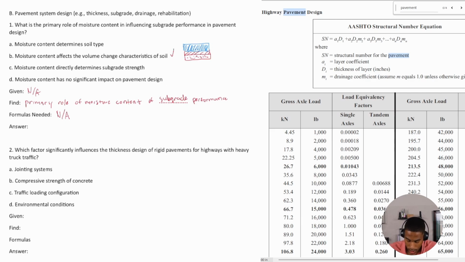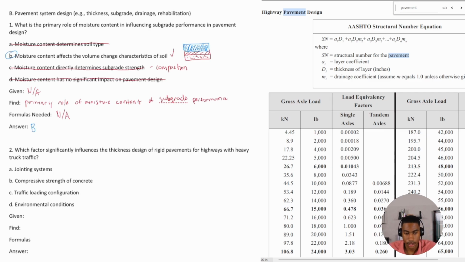Subgrade strength depends on a number of factors. It's not just the moisture content, it's also things like compaction. There are a few different things that determine your subgrade strength, so I would say no to that. D, moisture content has no significant impact on pavement design. I believe that it does. So just from picking answers, I'm going to go with B.